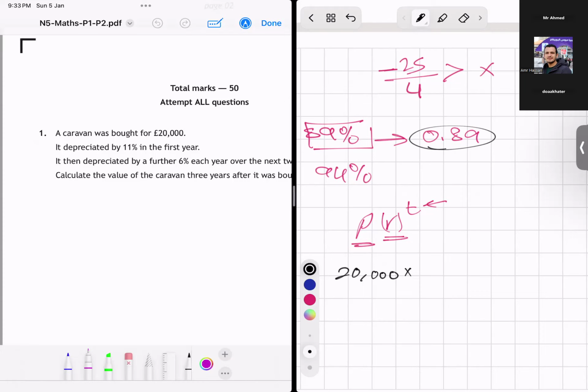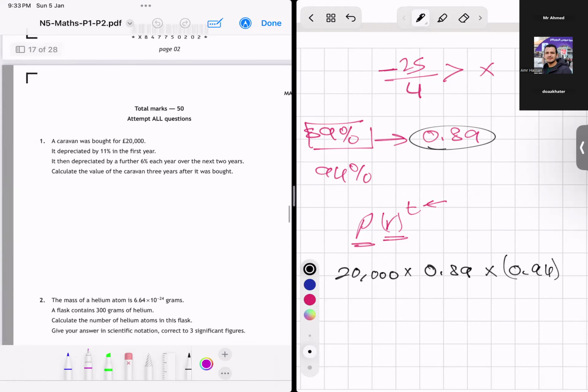This one is depreciation, so it's going to be 0.89. Multiply by the other one, 6%, which is 0.94, raised to the power of time. I have a couple of years, so it's going to be power 2.